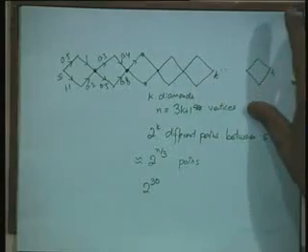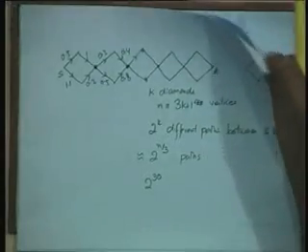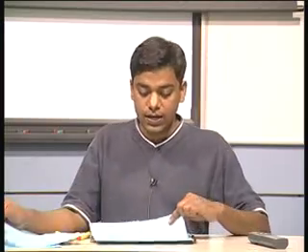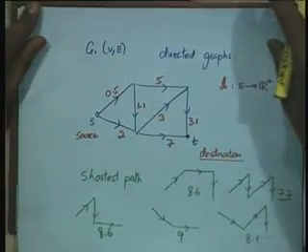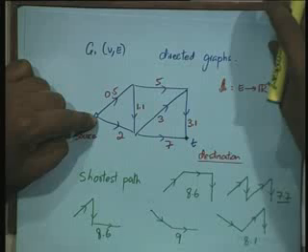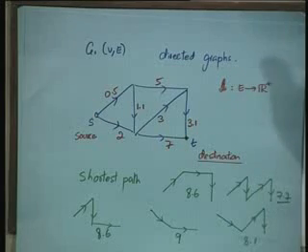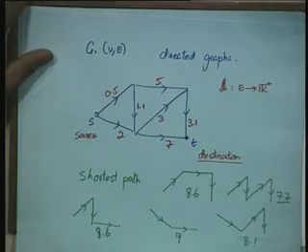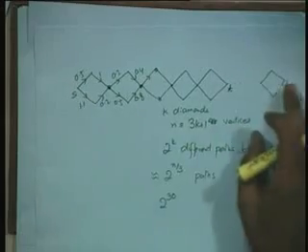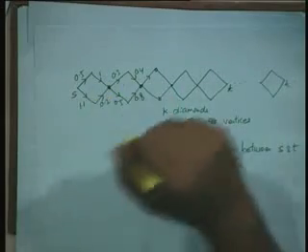Now this works in this example, but it is not true always. I have to get to this vertex, and I am starting from here. But I do not know which is the first vertex I should get to from here. There is no such clear demarcation, as in saying that if I have to go from here to here, I clearly have to go from this vertex to this vertex.